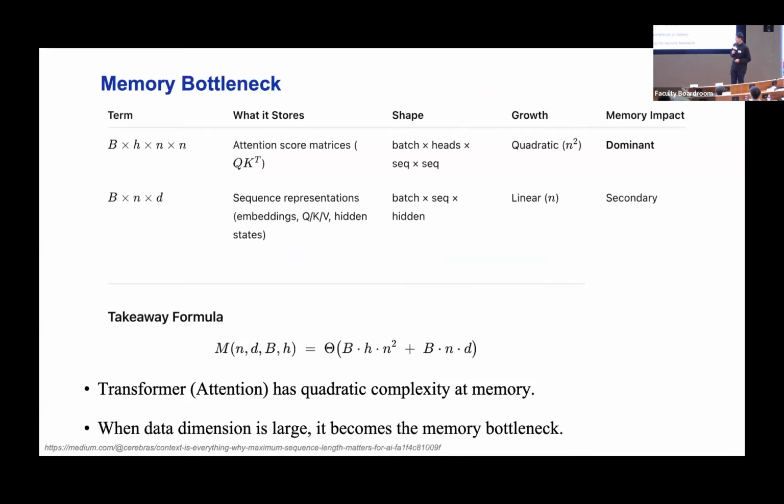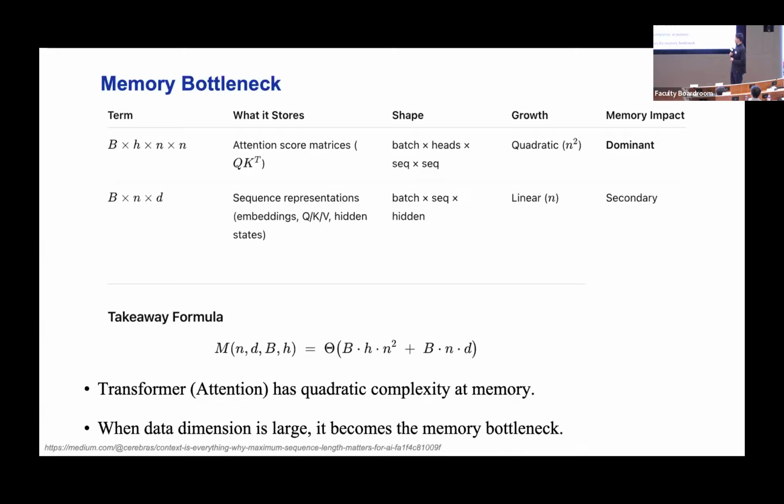However, the concern is that the longer the sequence, the higher the memory cost. Here are some notations. B is the batch size, how many sequences in each batch. H is the number of heads. N is the number of tokens in the sequence. We need to compute the attention score. The Q matrix is n by d, the K matrix is d by n, so the QK matrix is n by n.